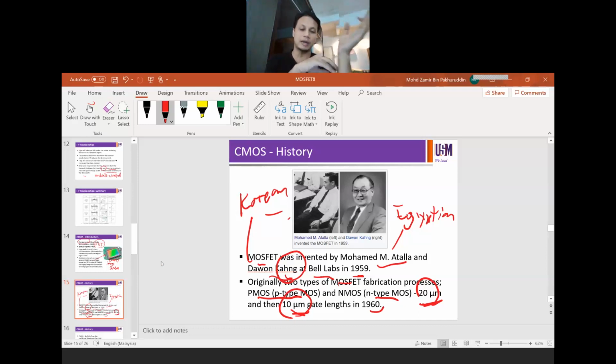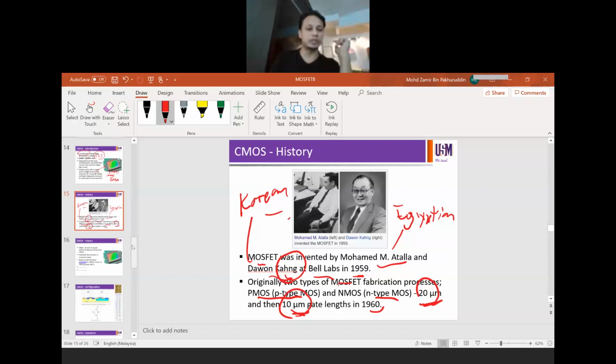So just imagine what happens across the 60 years from 1960 to now 2020. It has evolved. It has gone down from 20 micron to only about 5 nanometer gate length. Okay, and that's going to improve your transistor performance tremendously.